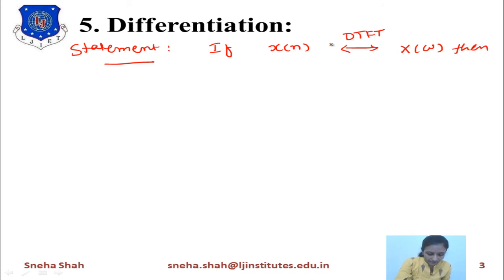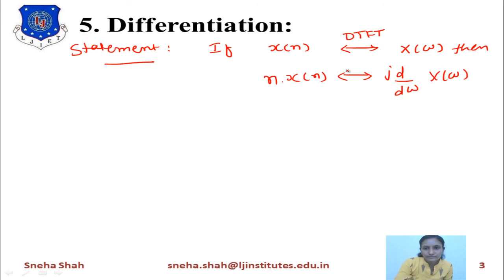Then we want to do differentiation in the frequency domain. So if we take j d by d omega of X of omega, then the input sequence x of n will be multiplied with the term n.